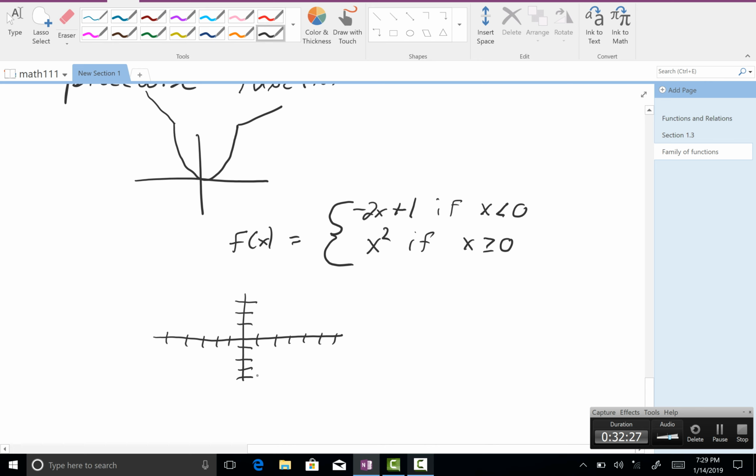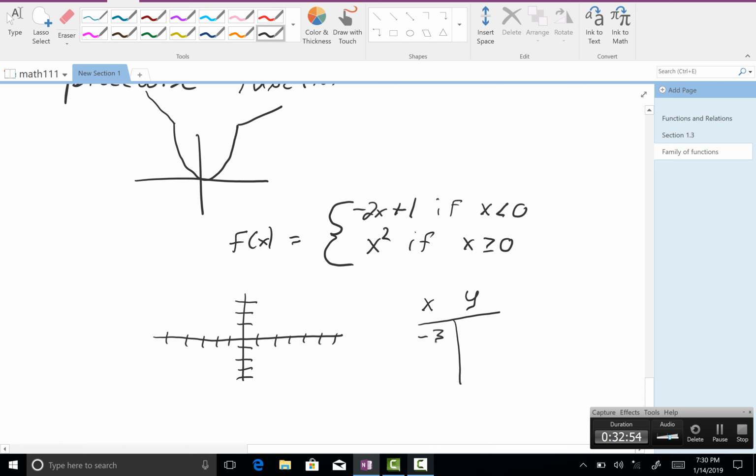Let's just make a little chart here just for kicks. Let's say we have a -3. So x is -3. Which part of this function do I concentrate on? The top one or the bottom one? Why? It's less than 0.